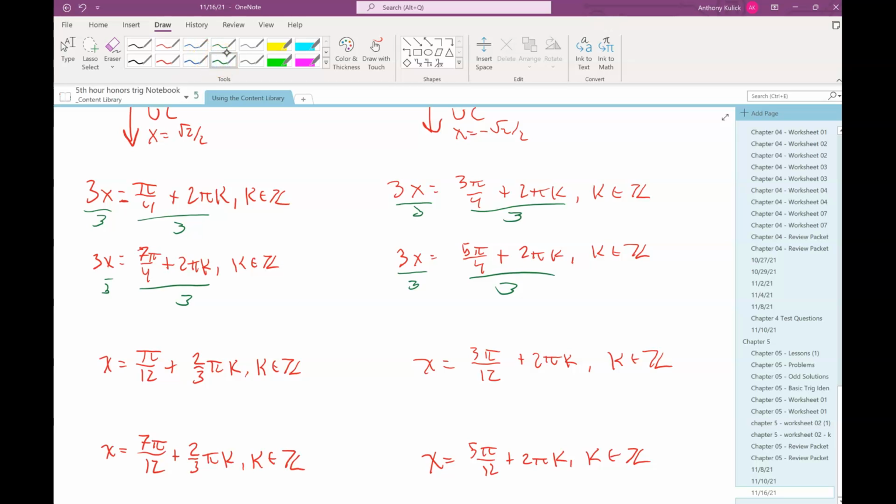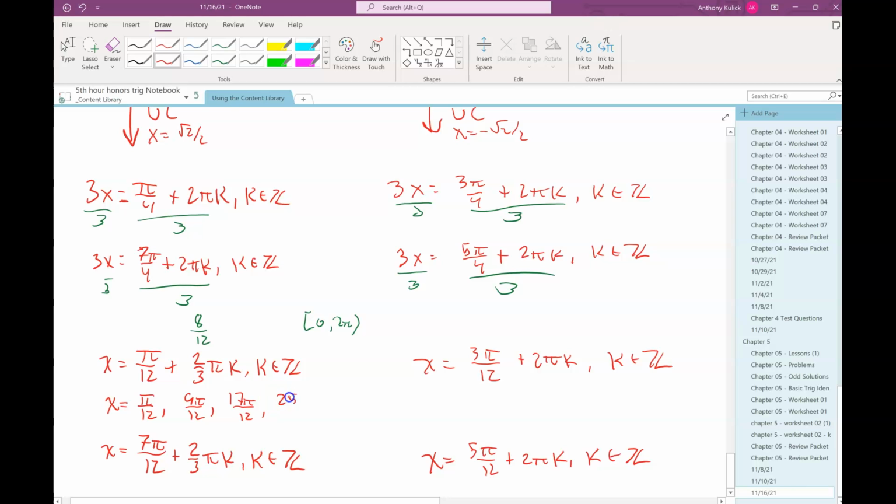Okay. So I'm going to acknowledge that 2/3, when I make a common denominator with 12, is just going to turn into 8 over 12. And again, we're solving from 0 to 2 pi. So I have pi over 12. I have 9 pi over 12. I acknowledge I could reduce that. I'm just not going to do it right now. 17 pi over 12.